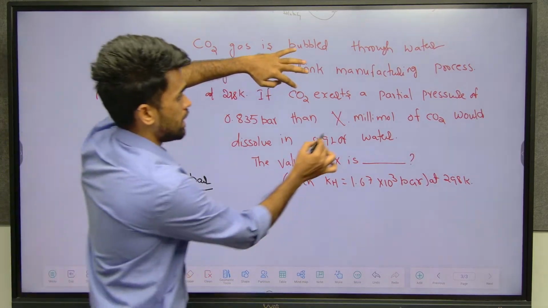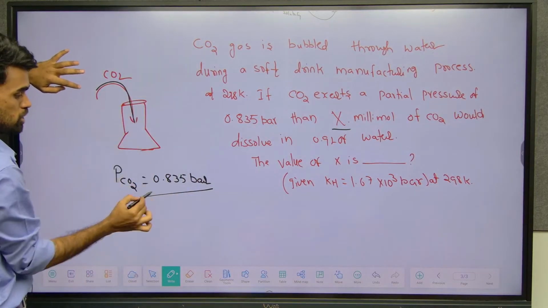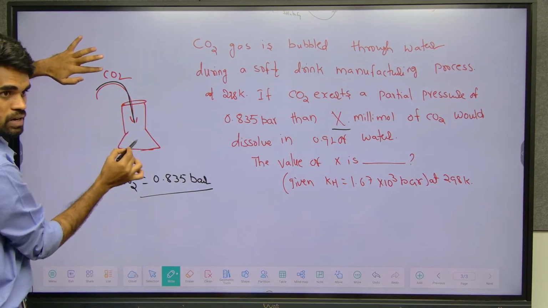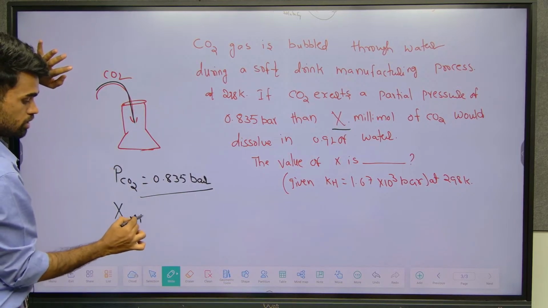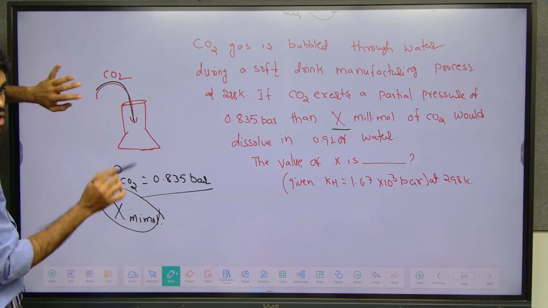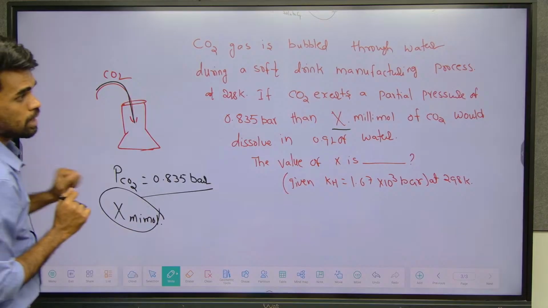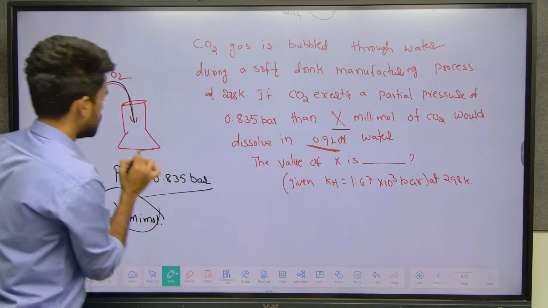Next, X millimole of that CO2 would dissolve. By applying this much pressure, some amount of CO2 will definitely dissolve, no? So how much amount are they saying? X millimole. It means we need to calculate how many moles of CO2 dissolved. How much quantity of water is provided?